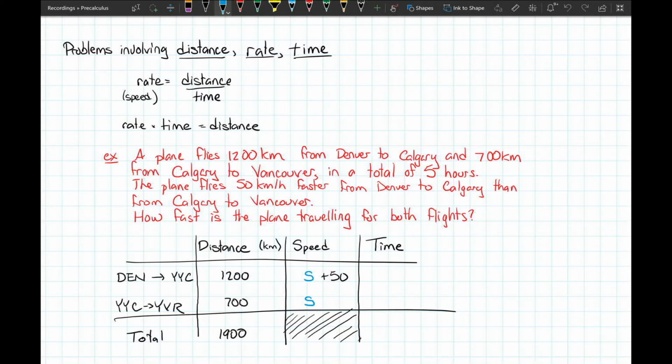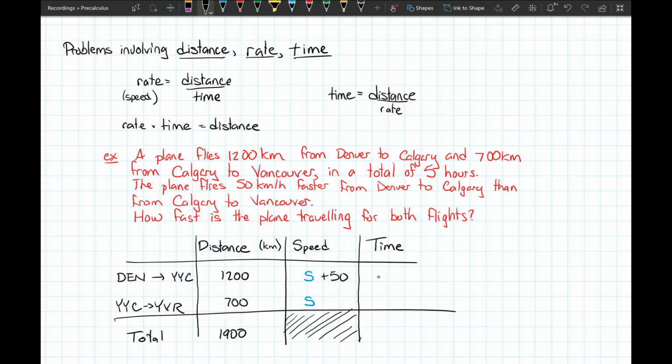All right, now what about time? This is where we might have to use the relationship rate, distance, time, or rate times time equals distance. In this case, rearrange the equation as necessary. We might even need time is equal to distance divided by rate.